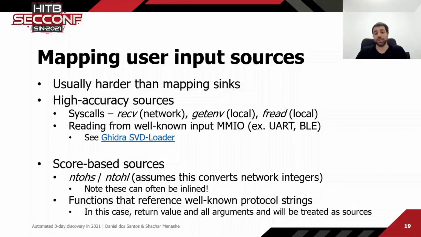If we see a syscall, like if we have the syscall names, or if we get them through divination that we'll see in a while. If we have names like receive, then we know that the second argument of receive is an output buffer that gets data from the network. So we can immediately say, okay, this is a user input source because we regard network data as user input.